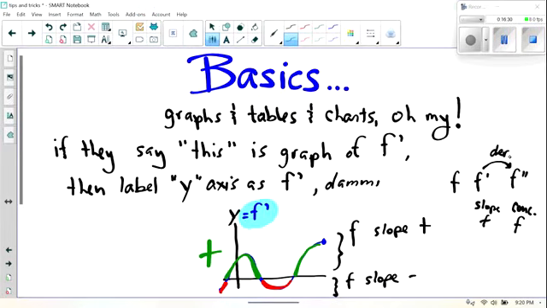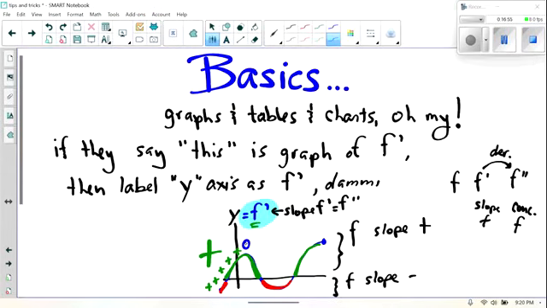And isn't derivative slope? So the slope of f prime is the second derivative. So if I look where I have a positive slope here, starting from the bottom, going up, that's a positive slope. So my second derivative is positive because that's the slope of the first derivative.